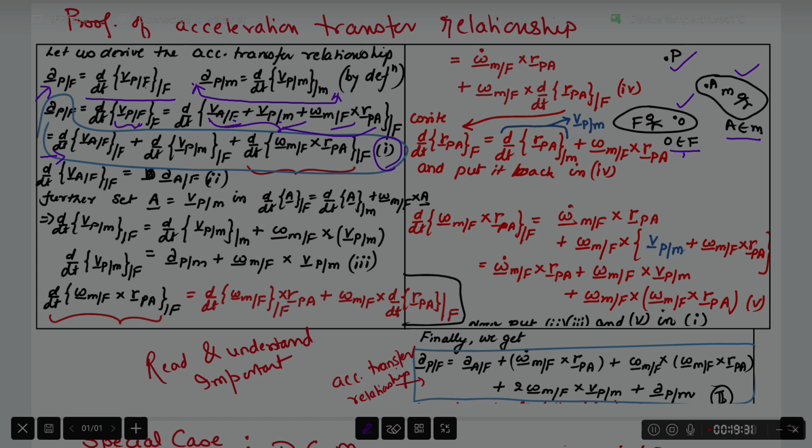Now the first term appearing here, d/dt of VAF with respect to F, is nothing but AAF. In the acceleration transfer relationship, indeed this term appears. So we have claimed the appearance of this term in the final form of the acceleration transfer relationship.